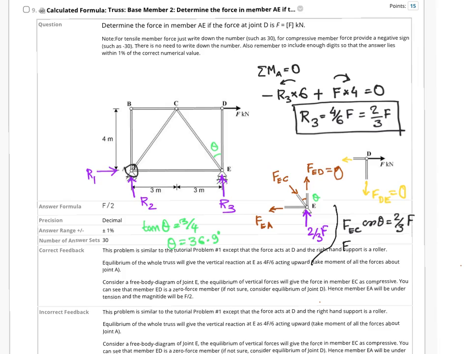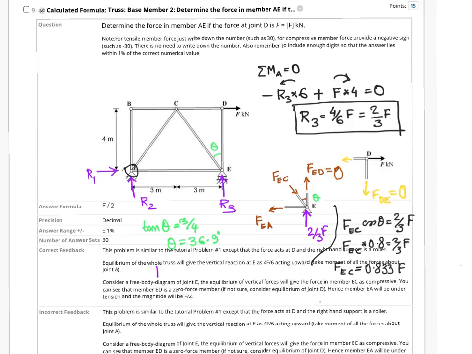Cosine of 36.9 degree would be 0.8, so that is 2/3 F. So this will give me FEC in terms of 2/3 F as 0.833 F.